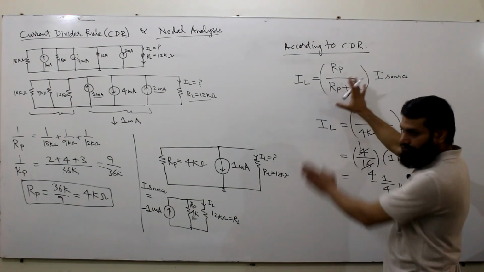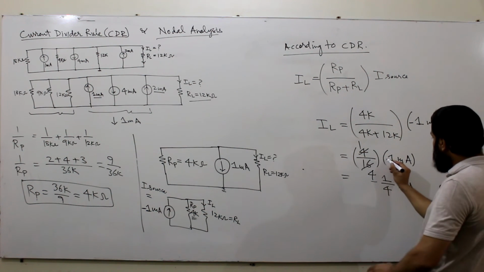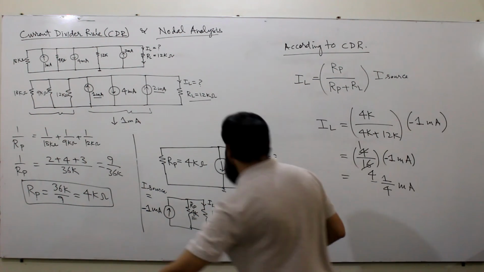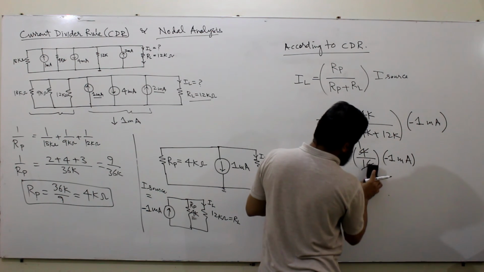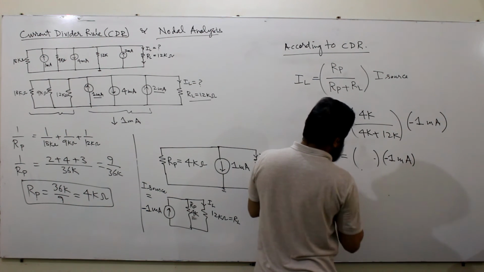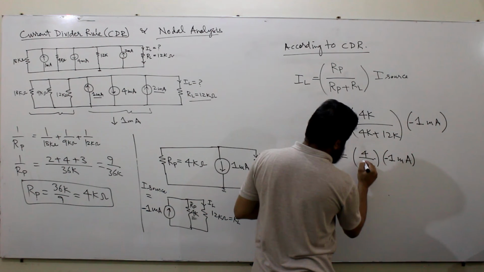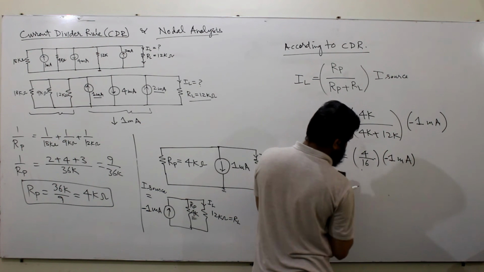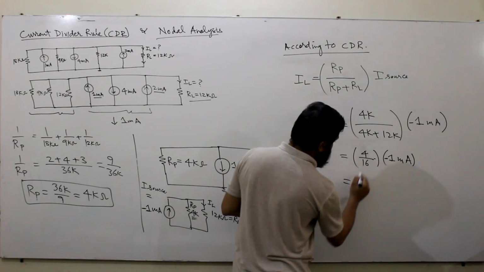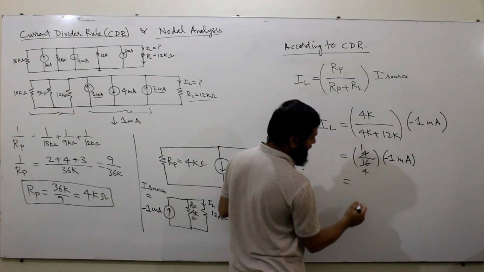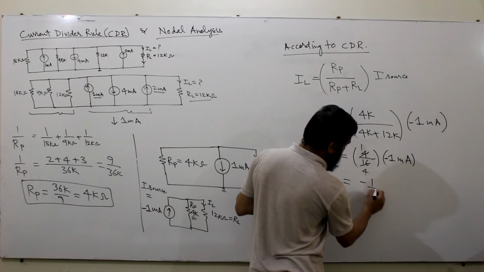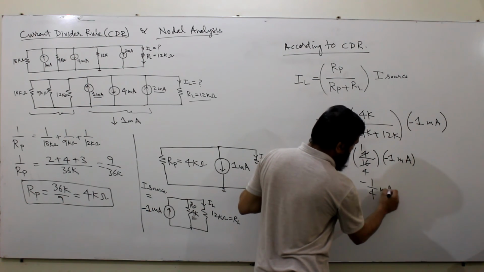In this formula, once you place the values, it will automatically come here. Just for the sake of clearness, let's keep it simple. You see here, 4 over 16 and minus 1 over 4 milliampere.